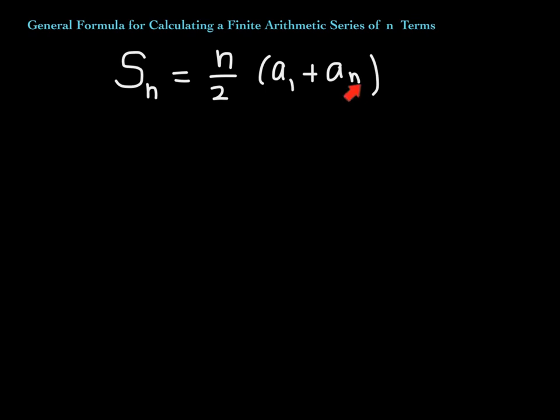And so here's the formula for finding the partial sum of n terms in an arithmetic series. N here represents how many terms you're trying to add, which is given to you by the subscript. A sub 1 stands for the first term in the arithmetic series. A sub n stands for the nth term in the arithmetic series.